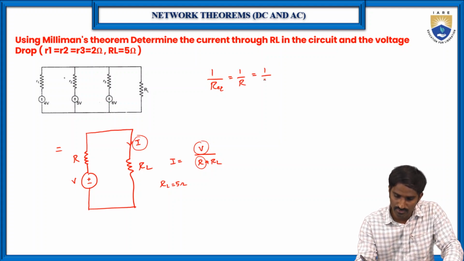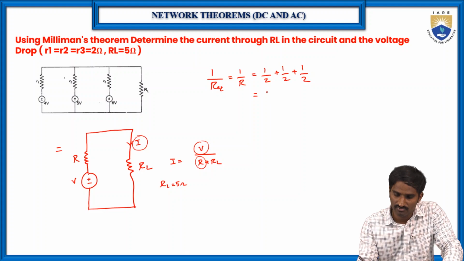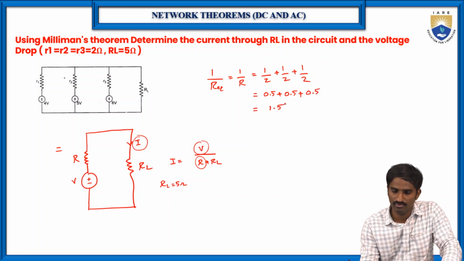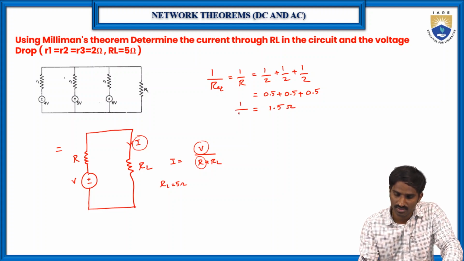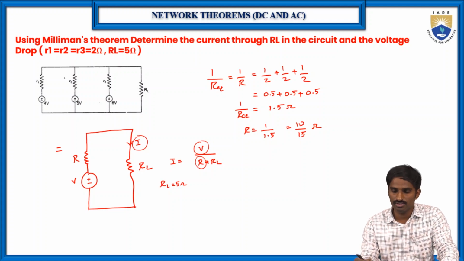All are 2 ohms, so 1/2 + 1/2 + 1/2, which is 0.5 + 0.5 + 0.5 = 1.5. This is 1/R equivalent. So R = 1/1.5, which is 10/15 ohms. So this is the R value.